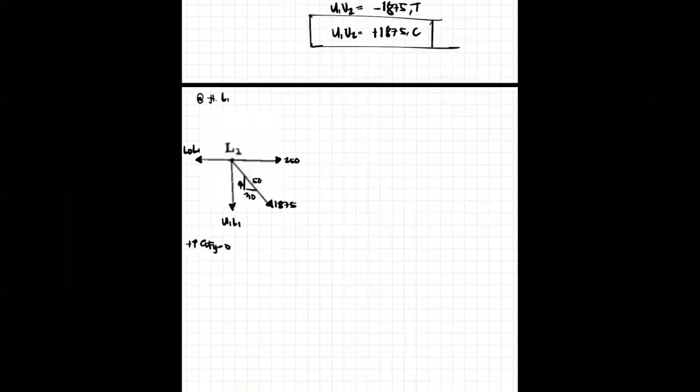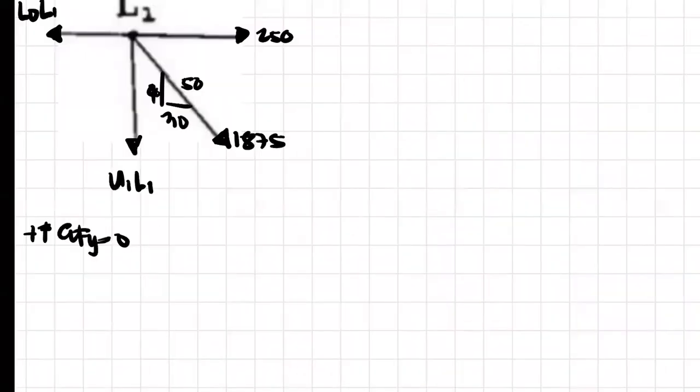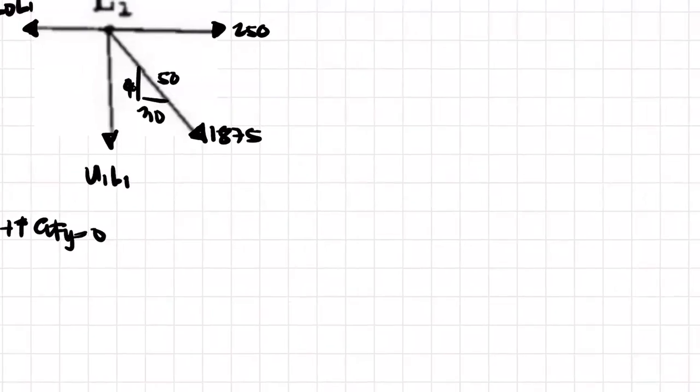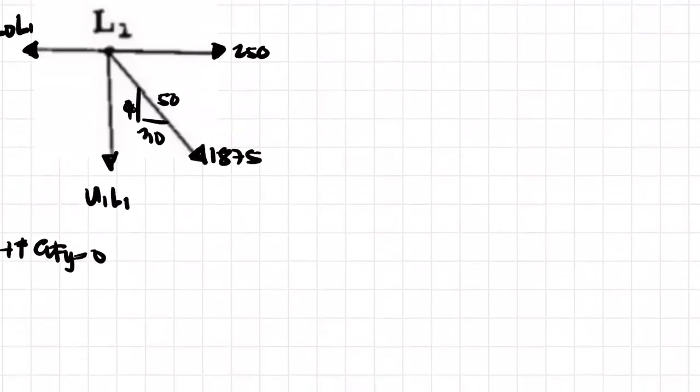L1 U2 is 1875. Okay. So, again, meron tayong negative U1 L1 and then negative 1875 40 over 50 is equal to 0.